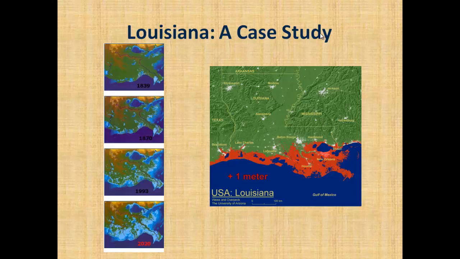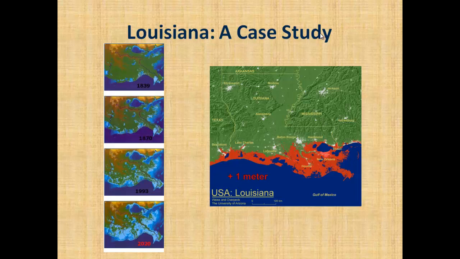So what caused the shift in the Mississippi River, causing a high rate of erosion with less accumulation from the Mississippi River? You have the rise in sea level, which is eroding the coastline faster.